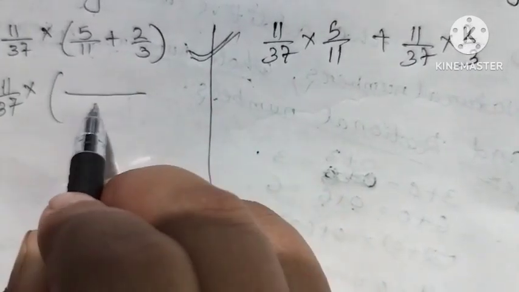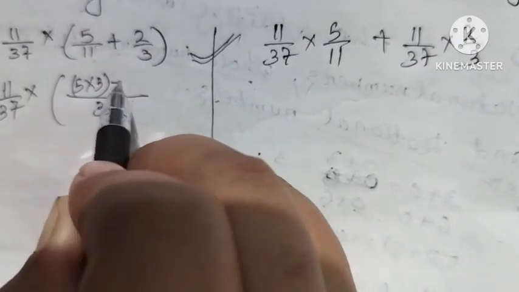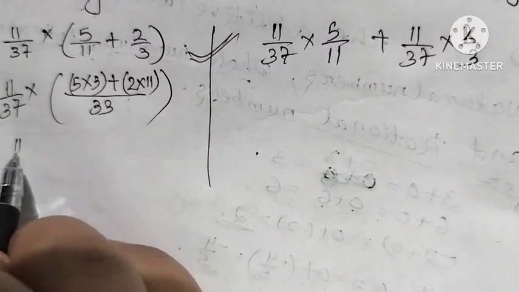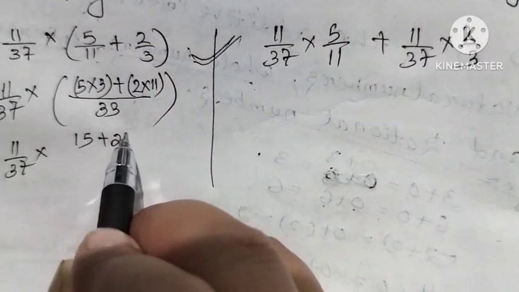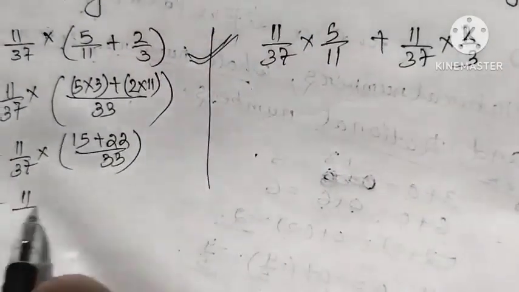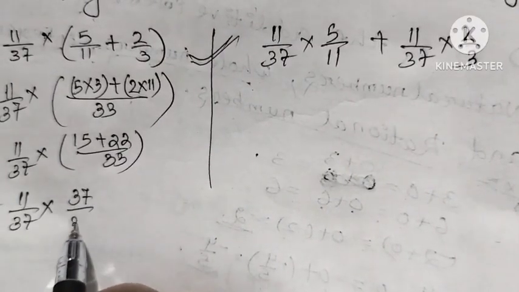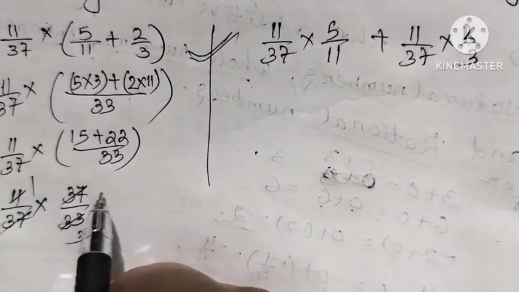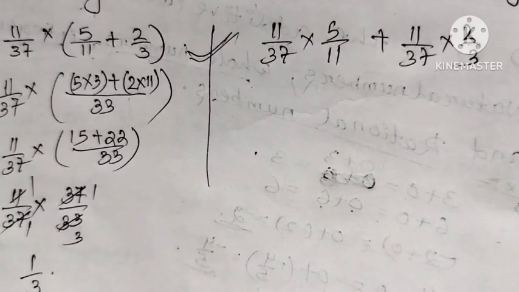Then 11 and 3, it is 33. 5 into 3 plus 2 into 11. Then it is equal to 11/37 into 15 plus 22 by 33. Yes, then 11/37 into this is 37/33. 11 ones are 11, 11 threes are 33, 37 ones are 37. Then 1/3 is the required answer.